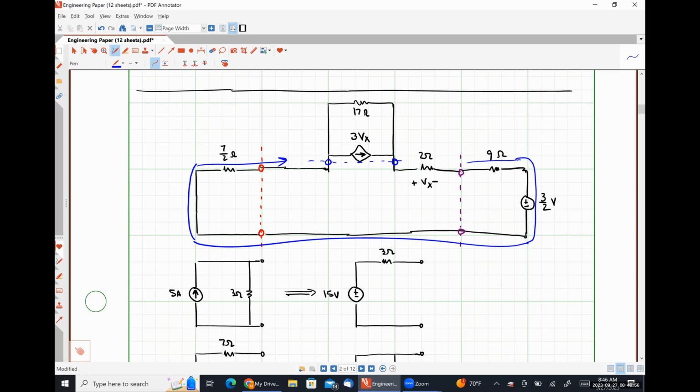If I have two elements in series, does their order matter? No. So I could put the 9 ohm resistor down here and the 7/2 right here, and it would change nothing, and they would be touching each other, and then you would have agreed to it pretty much instantly, right? So anytime I have things carrying the same amount of current, so that the same current flows through all of the elements and does not have an opportunity to branch off, they're in series, regardless of whether they look like it or not. Good question. No, very, very good question.